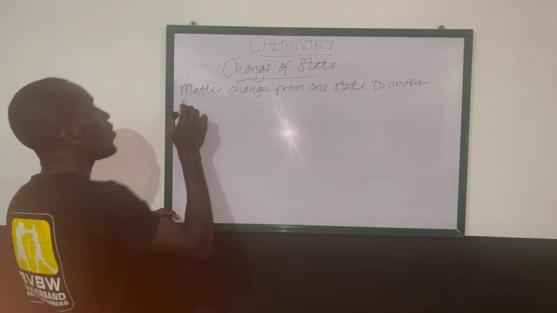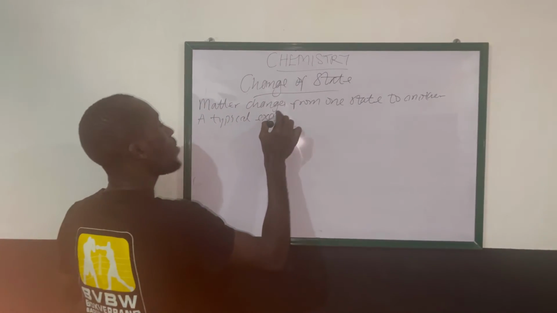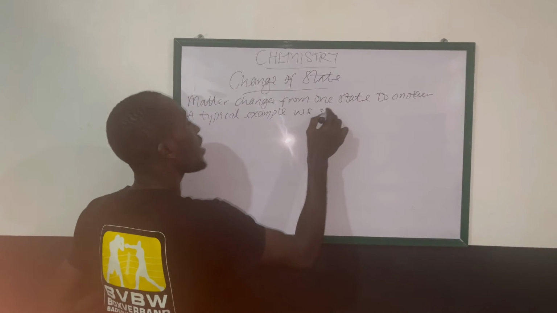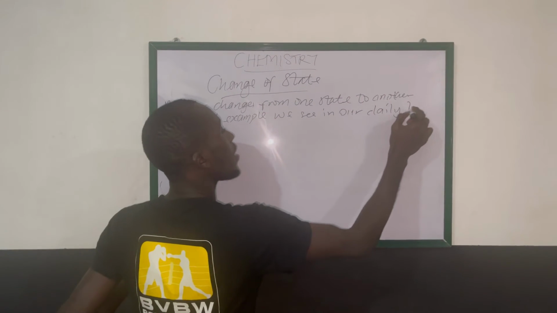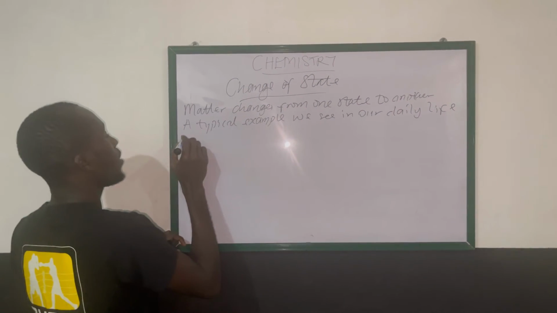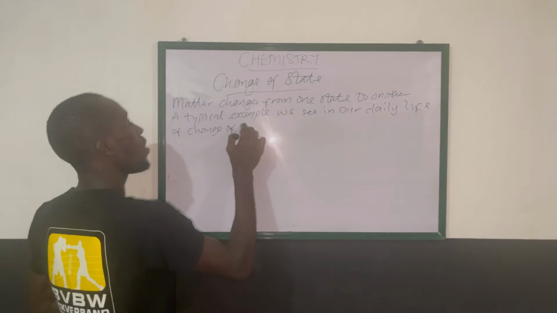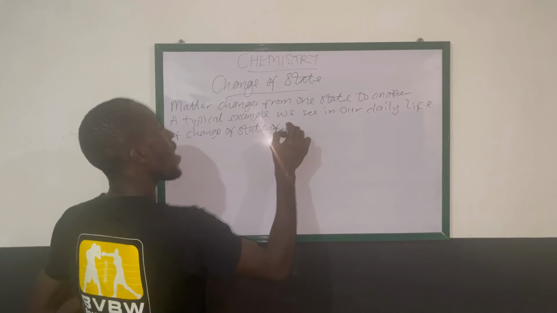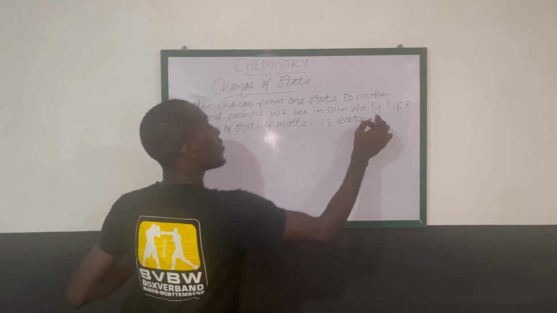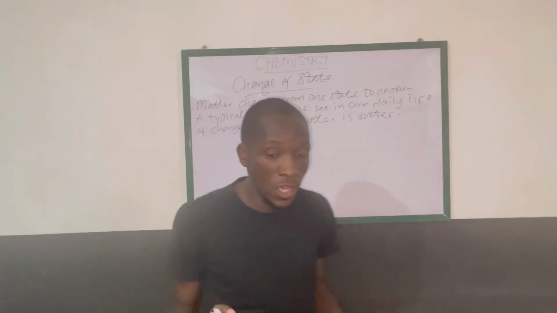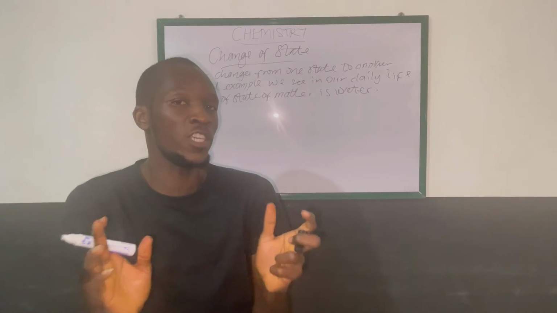A typical example we see in our daily life of change of states of matter is water. The one we see in our day-to-day activities is water. You understand? And this change of state comes about due to change in temperature.